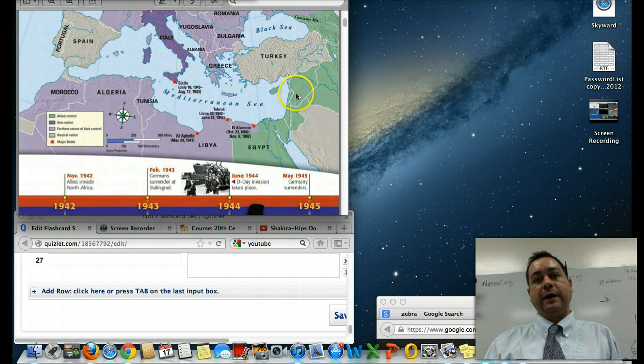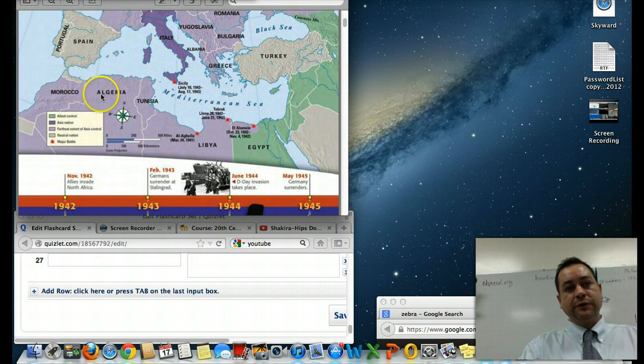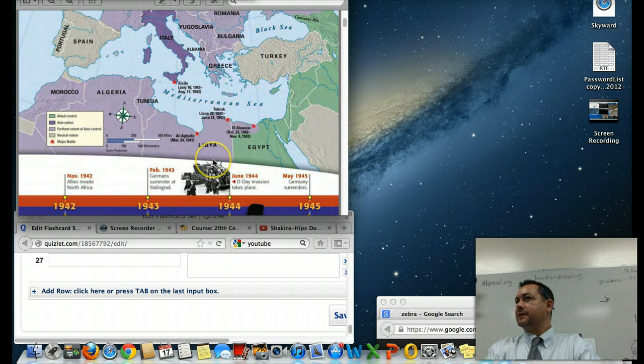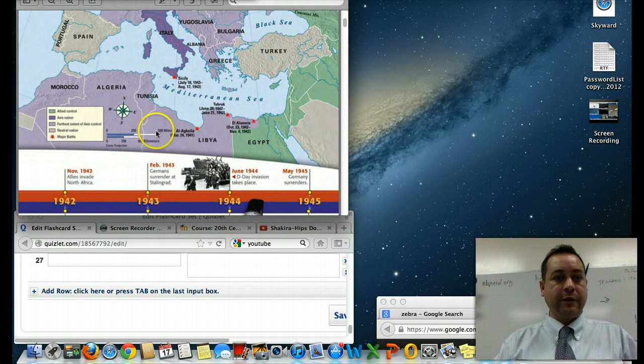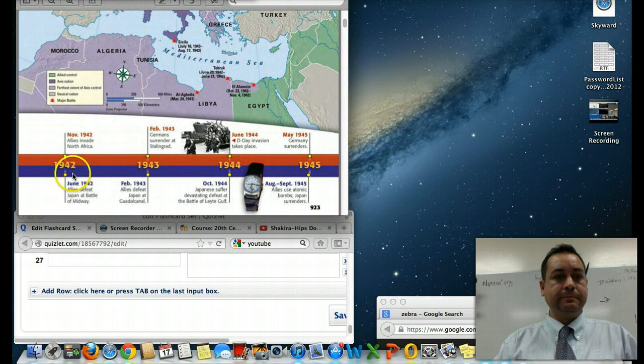Big wars were fought in North Africa between the Allies and the Axis. Most of the wars that happened in here were done with what kind of weapons? Well, there were planes, but some of the most famous tank battles with the big metal cars with guns were fought in the deserts in North Africa here. There were some important battles.